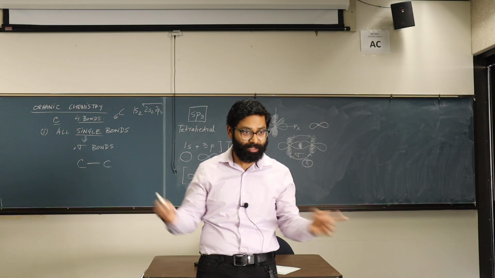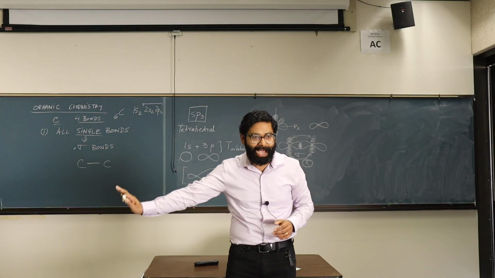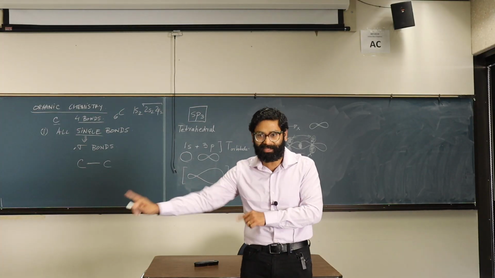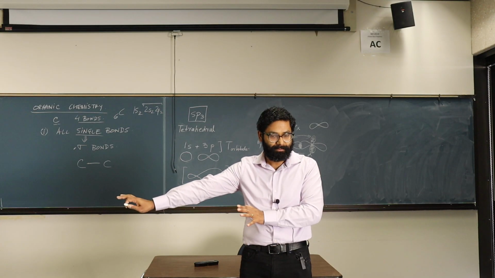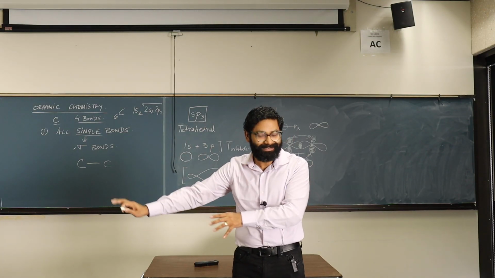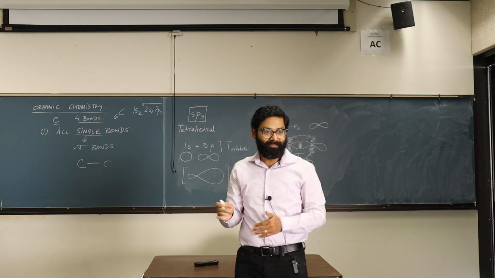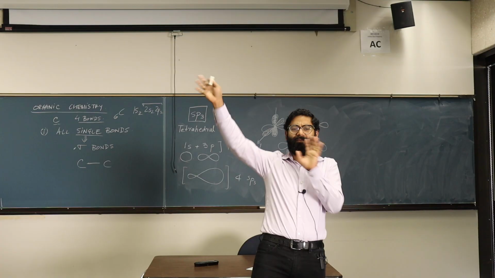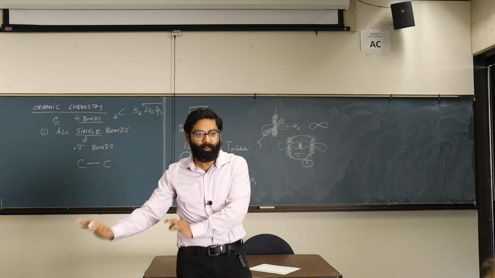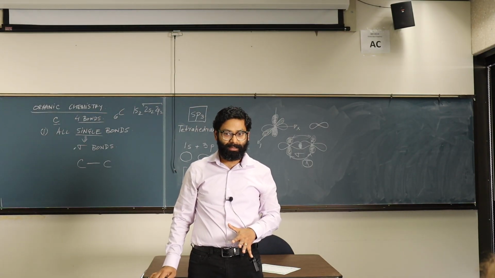I am carbon, there's another carbon or hydrogen or whoever, and I want to make one bond with that person. What kind of a bond will I make? It will be direct. So if I'm making one bond, that will be a sigma bond.